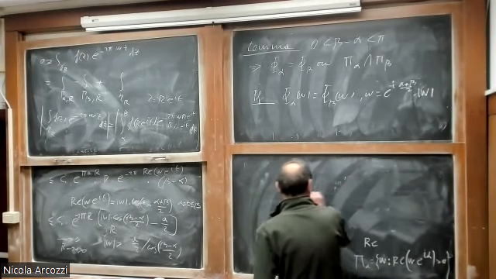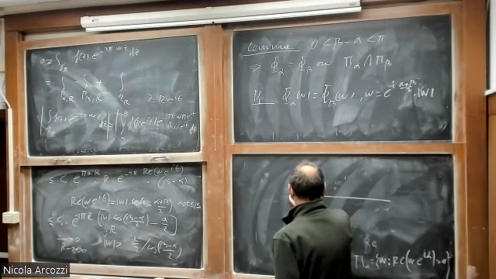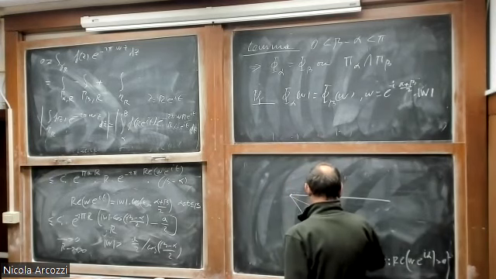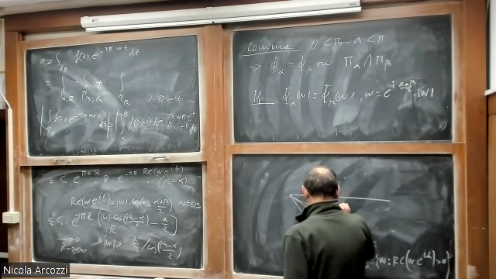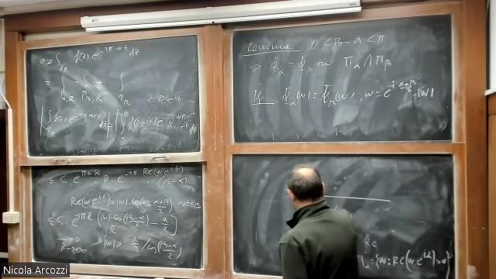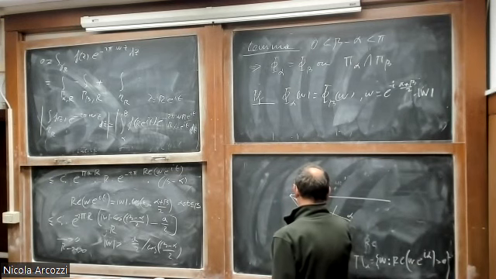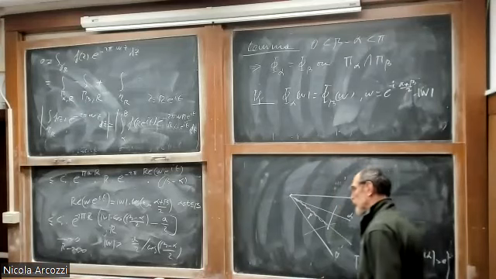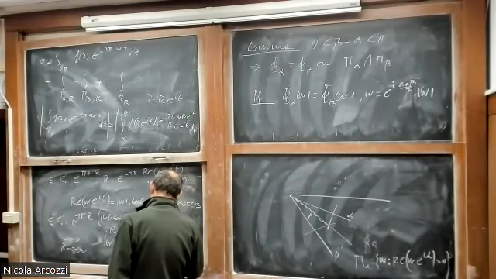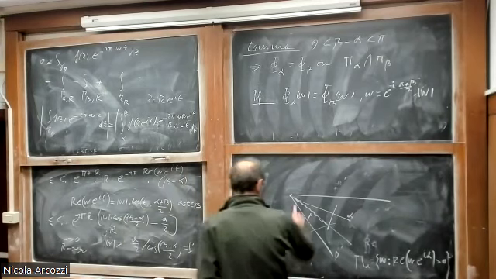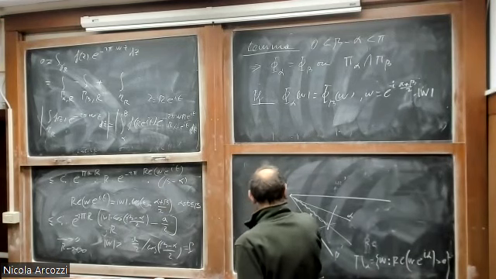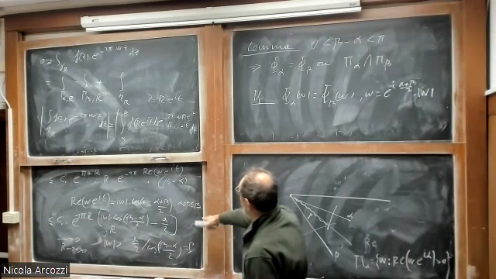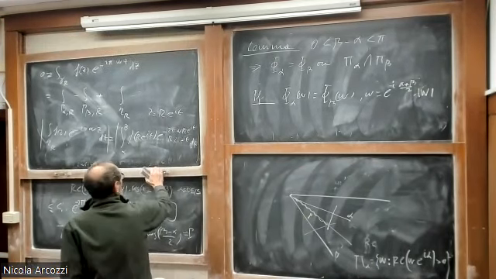If you do the geometry, that's alpha, that's beta, that's minus alpha minus beta, so this length here is exactly that. Provided the quantity is bigger than that, this goes to 0.